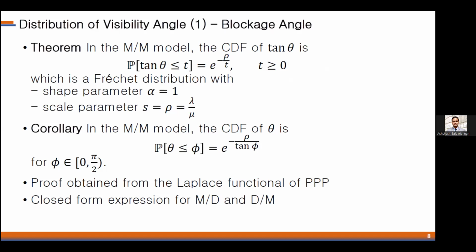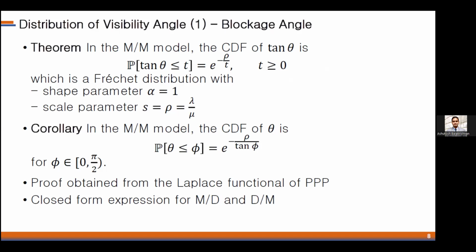By changing random variables, it is possible to obtain the CDF of theta again. The main philosophy to obtain this is to use the Laplace functional of the PPP; you may find the details in the arXiv post. Also, in the paper we obtained the same kind of result under the MD and DM models.